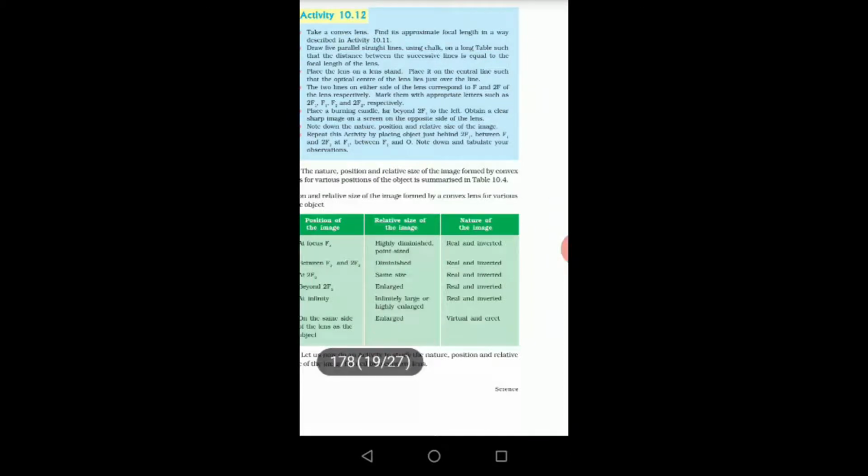And number 4, inverted. See the figure of NCERT book, figure B of page number 180.